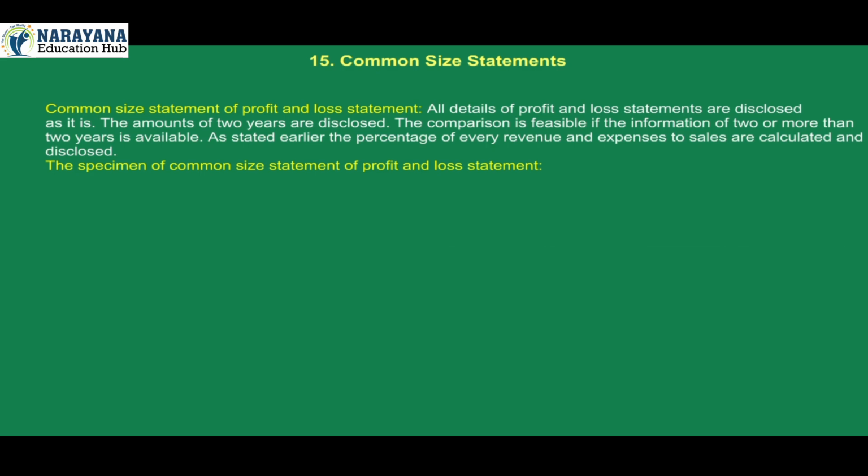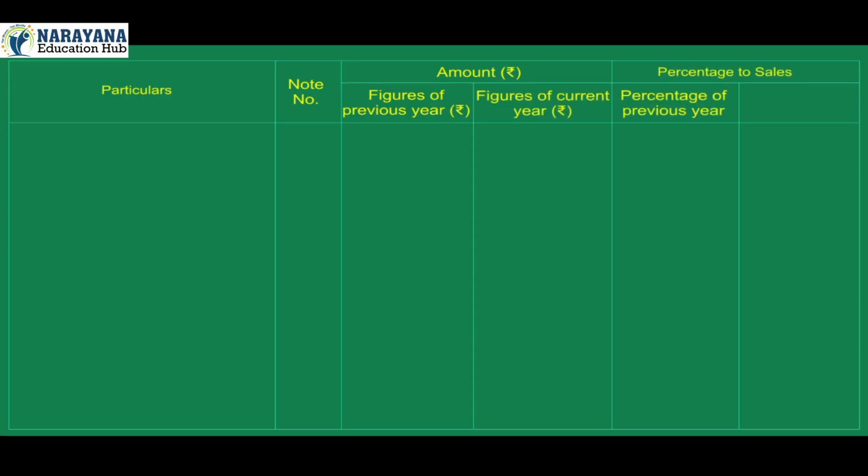The specimen of common size statement of profit and loss statement. Common size statement of profit and loss statement for the year ending on dash and dash. Particulars, note number, amount, figures of previous year, figures of current year. Percentage to sales, percentage of previous year, percentage of current year. 1. Sales revenue. 2. Other income. 3.